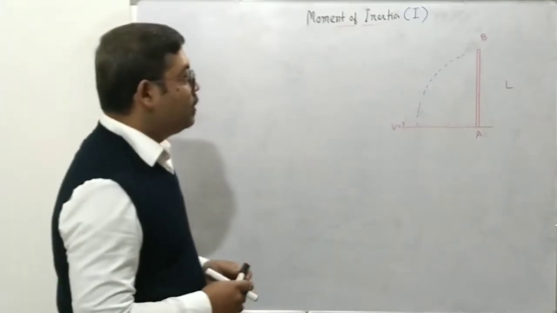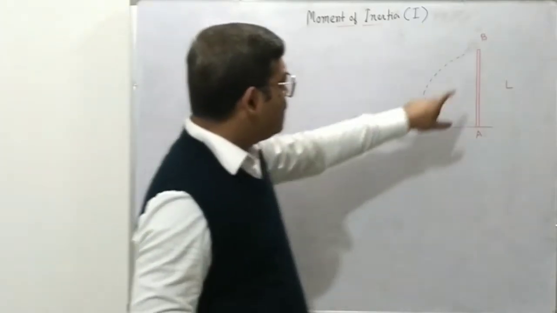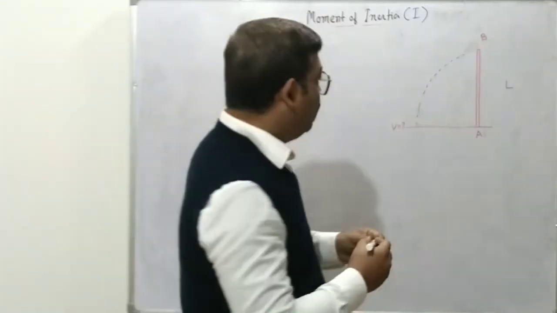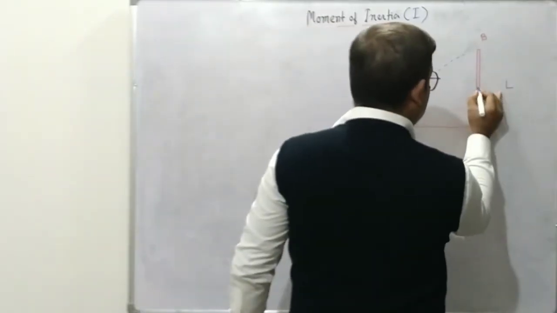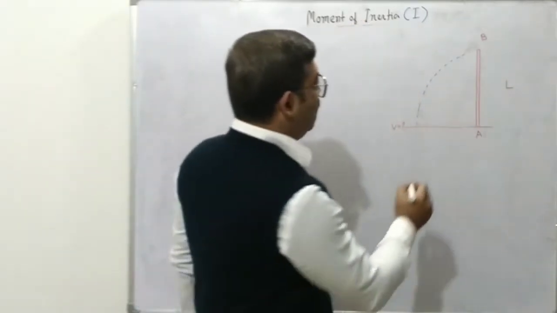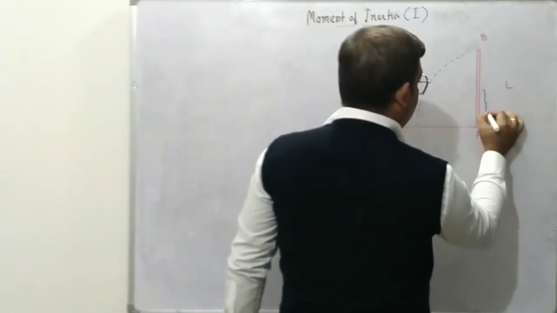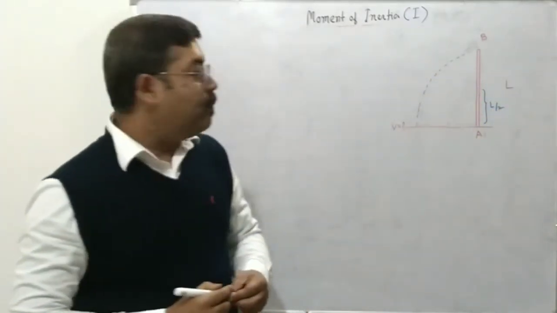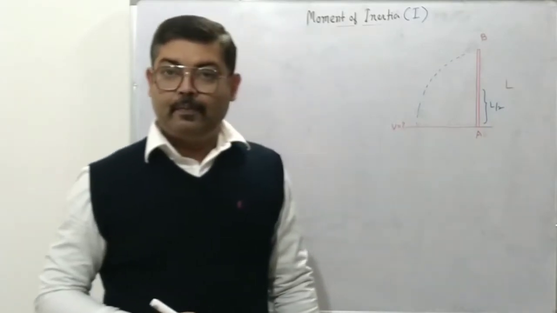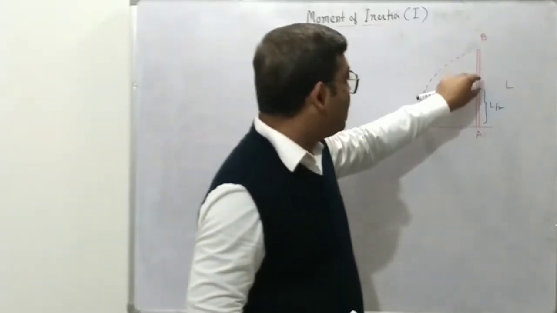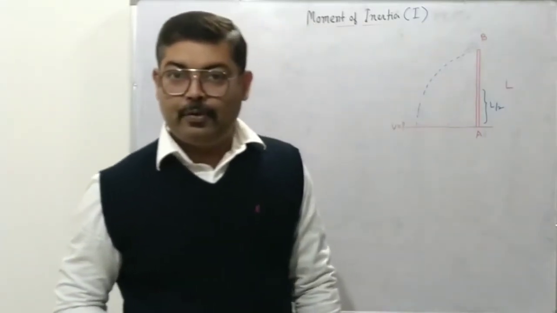Now, first of all, let's consider, since the rod itself is uniform, so its midpoint here, that is at a height of L by 2, the center of mass will lie here. Okay, so we can consider the entire mass to be considered at this particular point also.